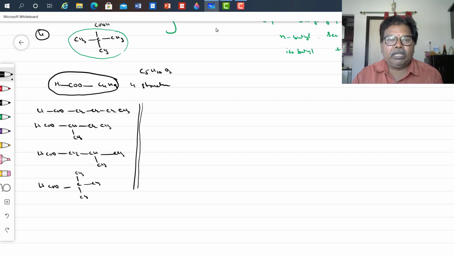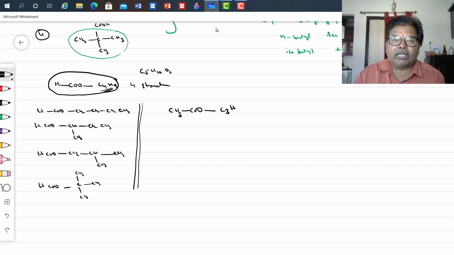Now, I am going to increase the number of carbon atoms in the acid group. Acetic acid, so acetate. I wrote the acetate group, and I have to decrease 1 carbon atom in the alkyl group. So C3H7, the propyl group. How many propyl groups do we have? 2 only.